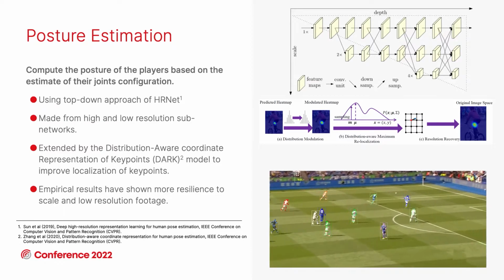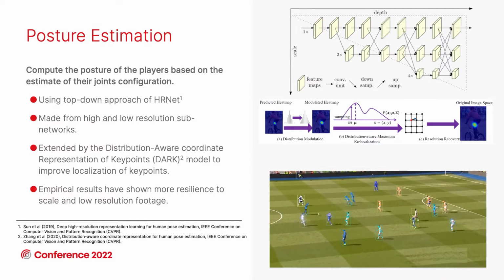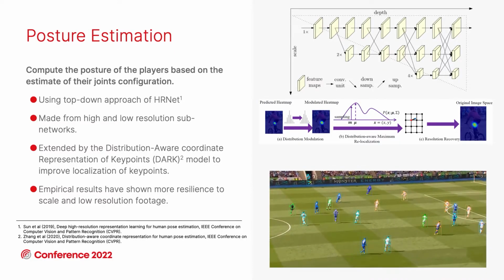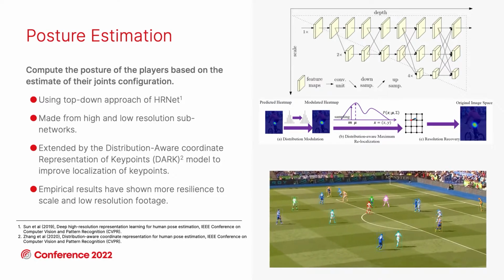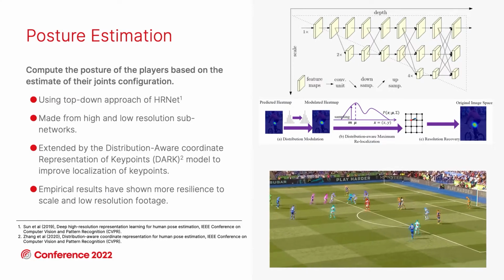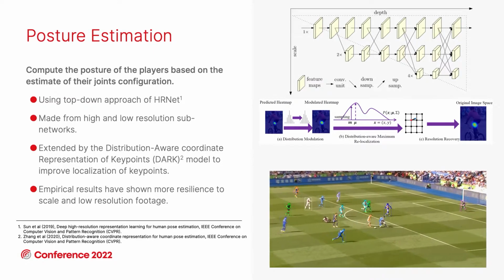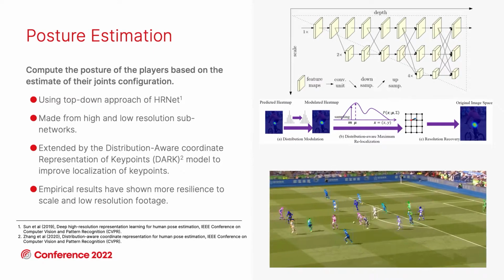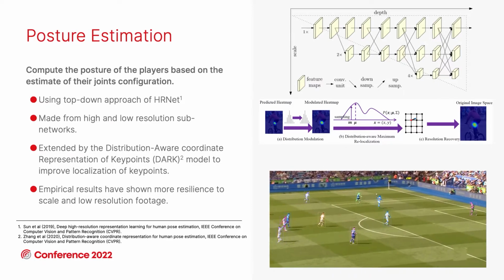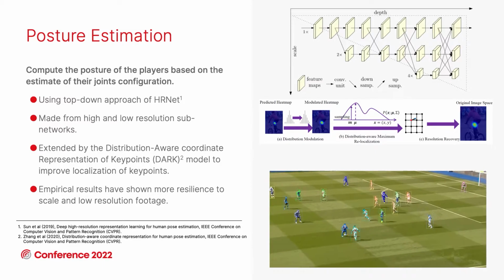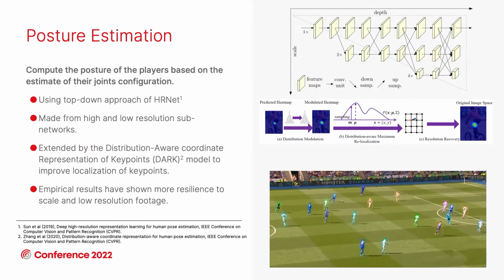There's something called the DARK model, which is a distribution-aware coordinate representation of key points. It improves on that by modulating the heat map outcome of the landmark prediction and then applying Gaussian modeling to find a maxima which is a lot more stable than what we get naturally from the model itself. That seems to be working quite well. Even when you're quite zoomed out, you can still see people's body posture landmarks quite clearly detected across all the players.